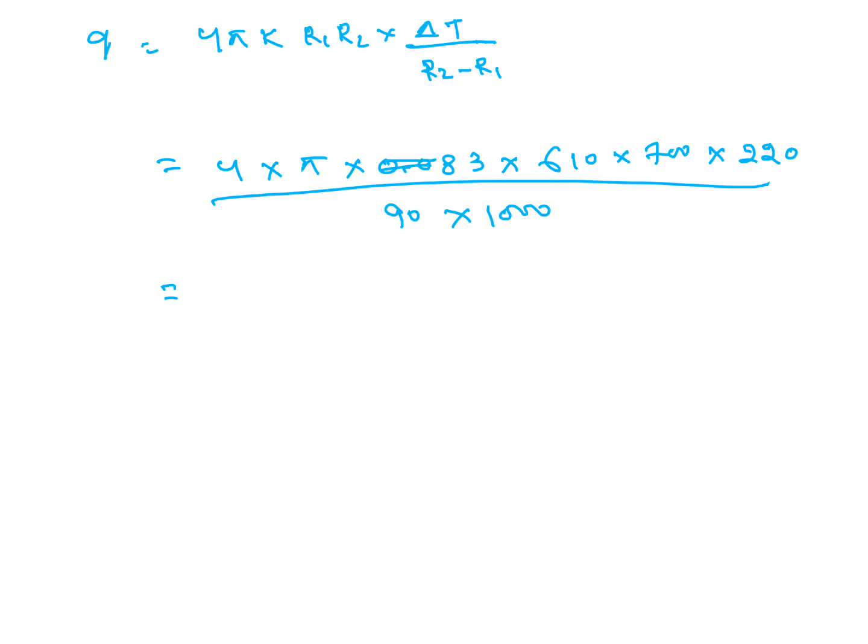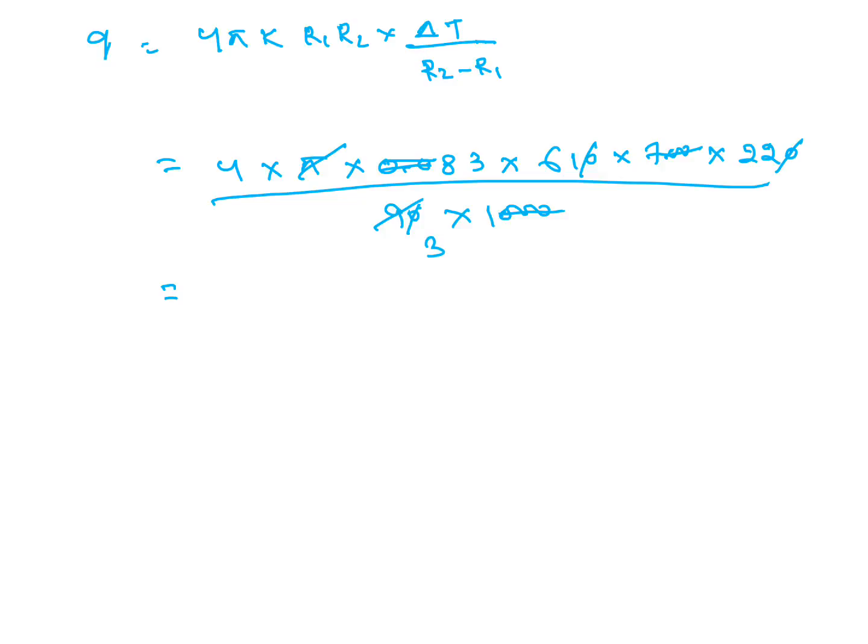Then we will start our calculation. 30, 2 plus 1, 30. This one cancelled. After that, pi by 9, approximately 3.